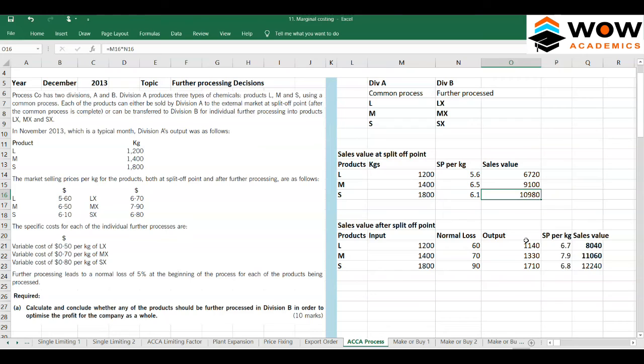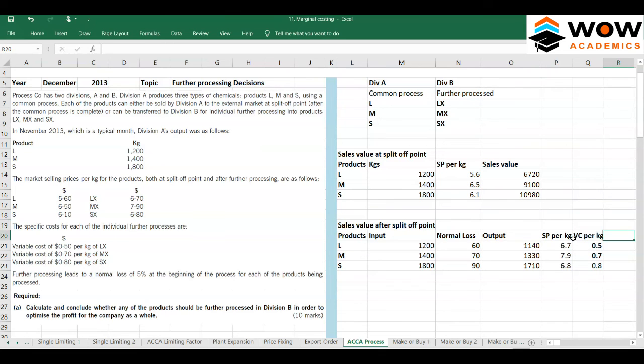Sorry, I think we can't do that. We still have a little bit of a problem. I think we forgot the variable cost. There is a variable cost per kg: 0.5 for LX, then 0.7, then 0.8.